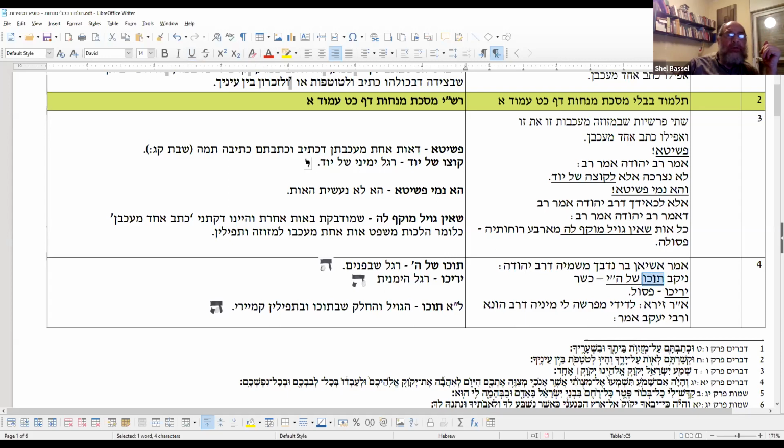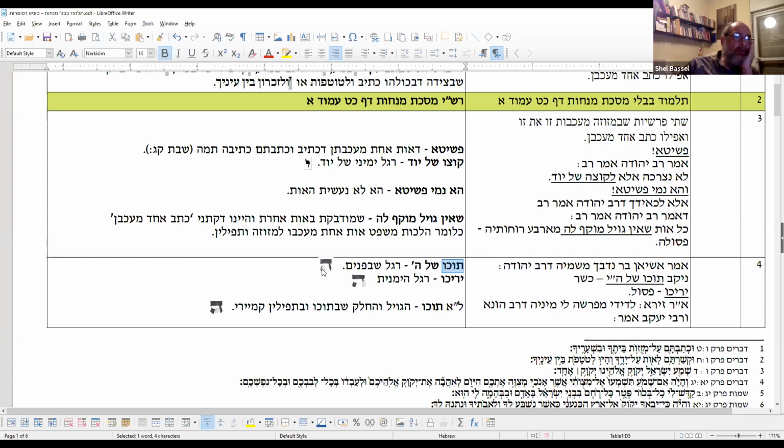So what's the toch and what's the yerech? So let's look at Rashi's understanding. Rashi understands tocho shel hay is regel shebifnim. The toch of the hay refers to the inside regel, the inside leg, and so that's this part here, where we normally, let's say in the k'tav that we do, in K'tav Beit Yosef or K'tav Ari, we make this look like a yud, an upside down yud that's on a slight slant.